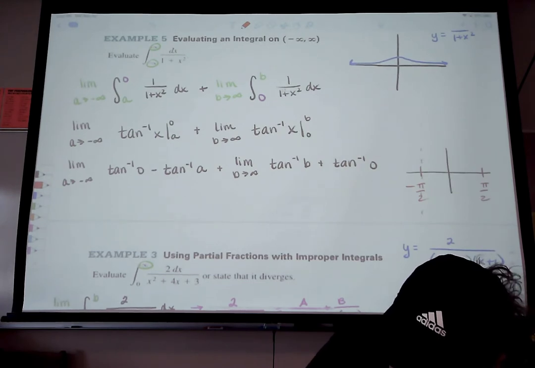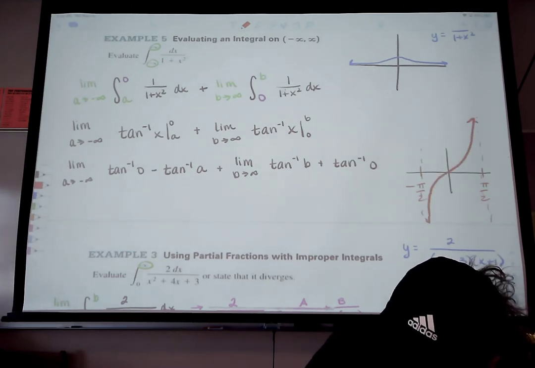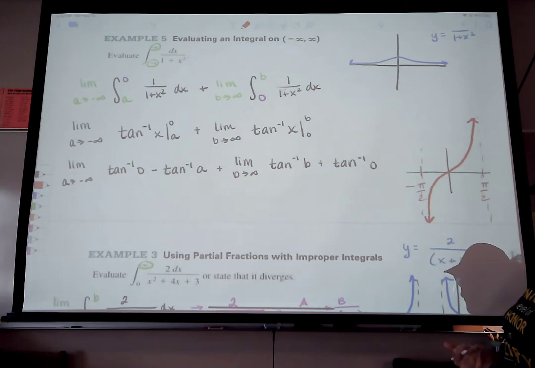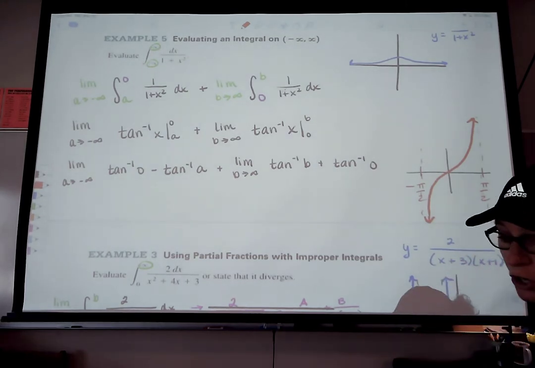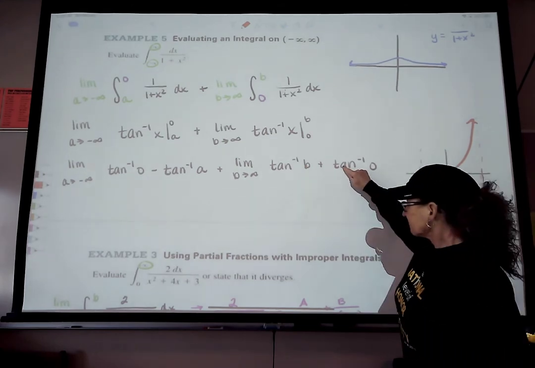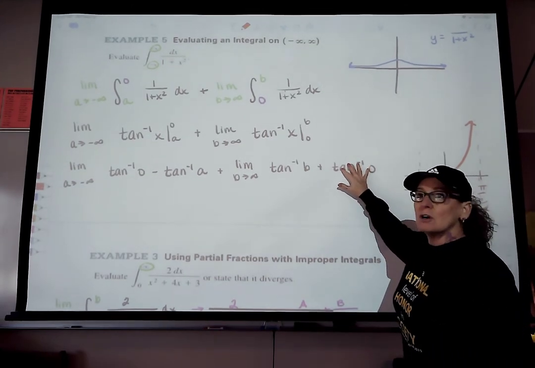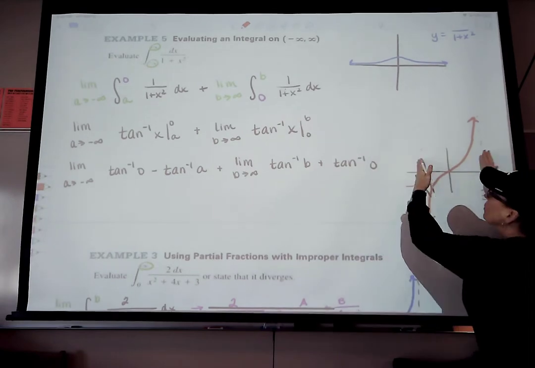You've got an asymptote here, an asymptote here. That's one piece of your tangent graph. When we do inverses, anytime we do an inverse, we answer the question only on this portion.